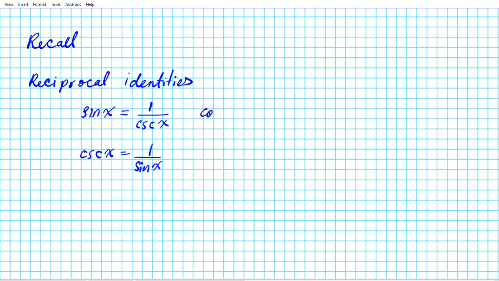And then how about cosine? Cosine x is the same thing as 1 over secant x. Let's write that again. So cosine is 1 over secant x, which follows that secant x is 1 over cosine x.